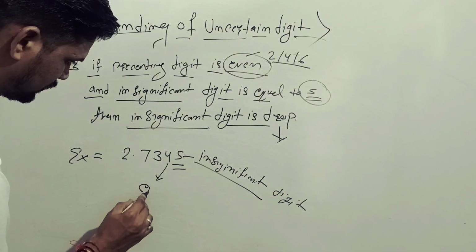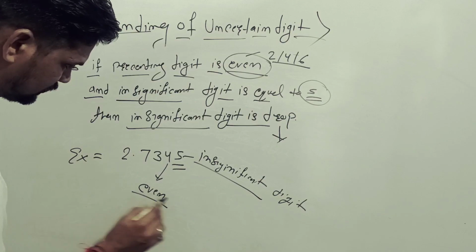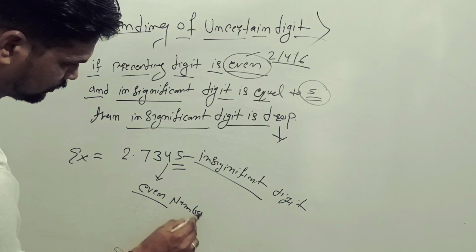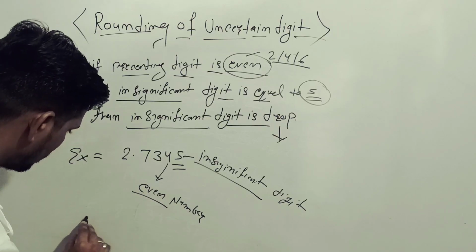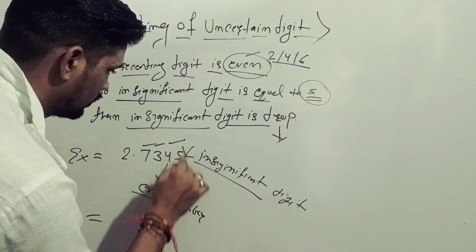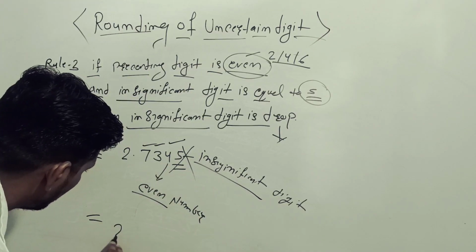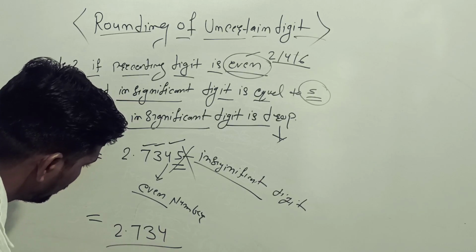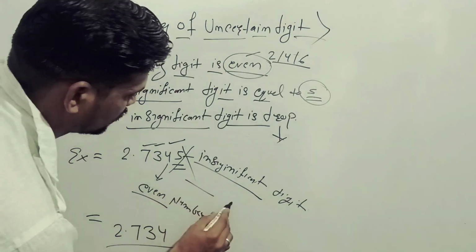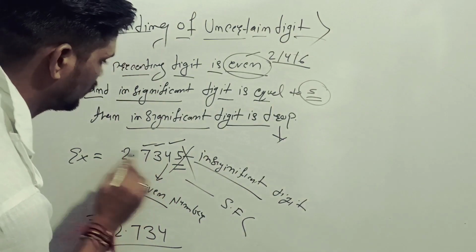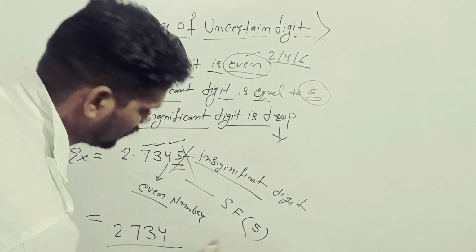Then 4 is the preceding value, and it is an even number. The insignificant digit is dropped out and the result is 2.734, because the even number stays the same.